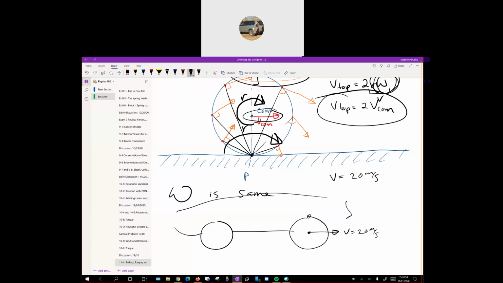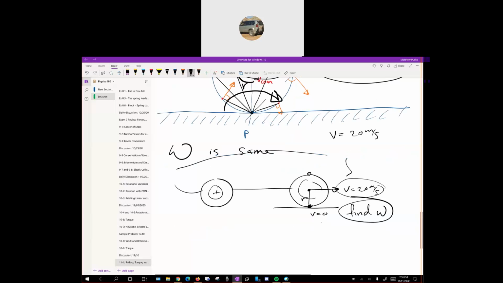We could figure out how fast that top point is because it's going twice as fast as the center of mass. This is making contact with the ground, so at the instant the velocity is actually 0. And if you had that speed and this radius right here, you can find omega. And then use that omega to solve some more of your problems or do kinematic equations. So this could be a starting point for some of your problems.